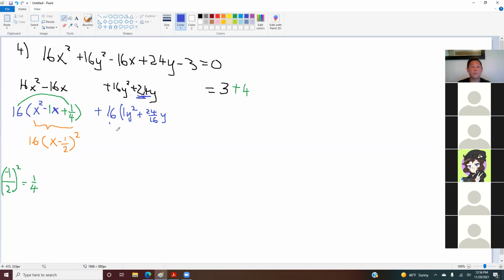So when you multiply this, what do you get? Oh, that's why we divide by 16. When you multiply this, you get 24y, right? That's why we divide by 16. And what is the reduce of 24 over 16? 3 over 2. So this is 3 over 2.